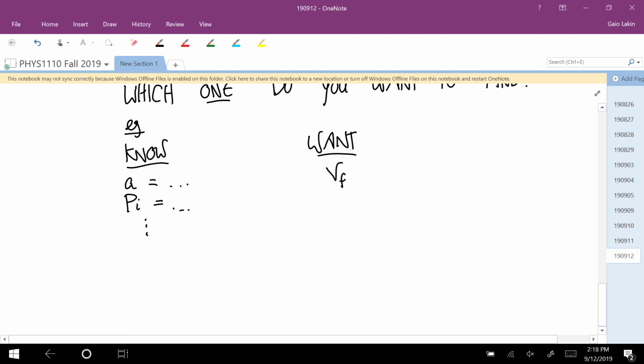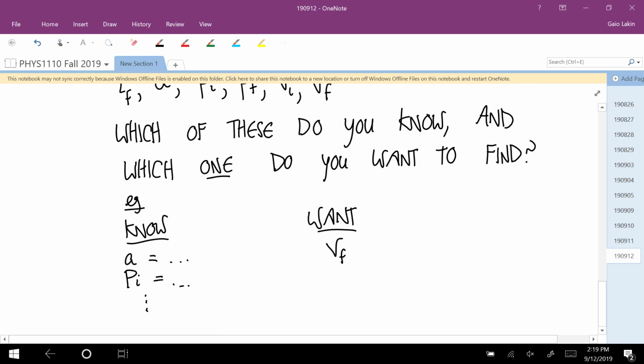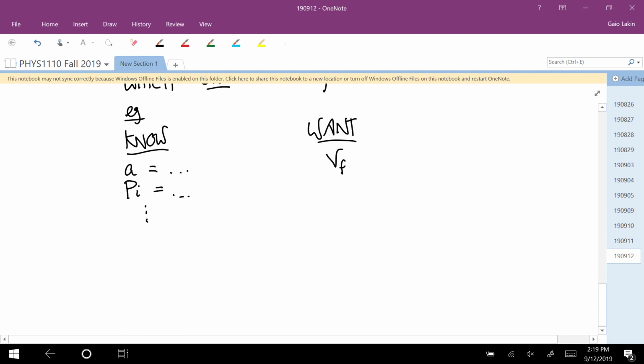Okay, so now it's time to choose which of the 3 constant acceleration equations is useful. So what you want to do is look for the equation that has the variable you're solving for. It has to be in there to solve for it.